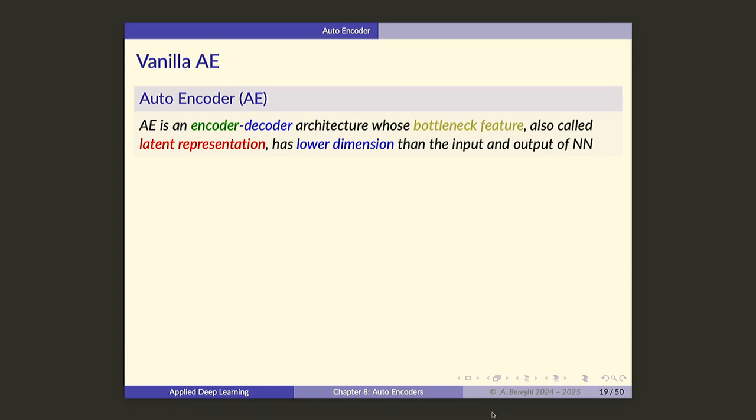Latent representation is somehow borrowed from the terminology we used in PCA, but it is very common terminology when it comes to generative models, because GANs and also diffusion models all always work with latent space.